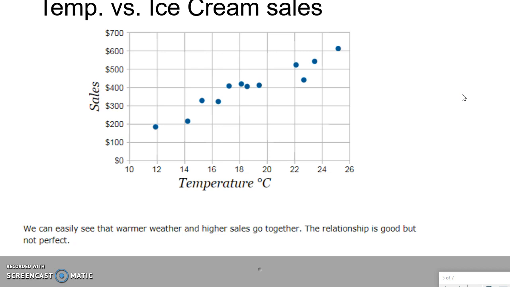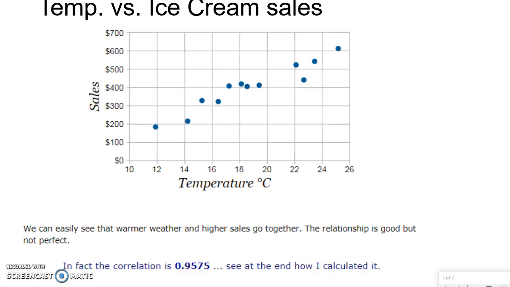The relationship is good, but it's not perfect because there's still some people that don't want to eat ice cream no matter what the weather, or maybe there was a rainy day. The correlation is 0.9575. You don't have to worry about calculating that yourself. But the warmer the weather, the more the ice cream sales are going to go up.